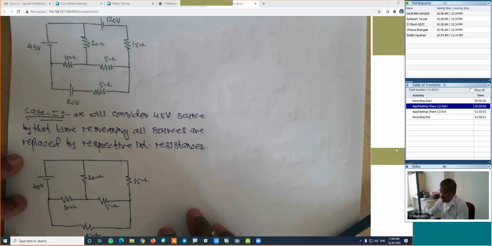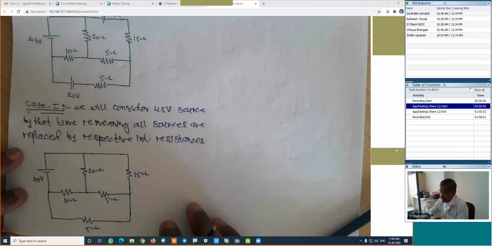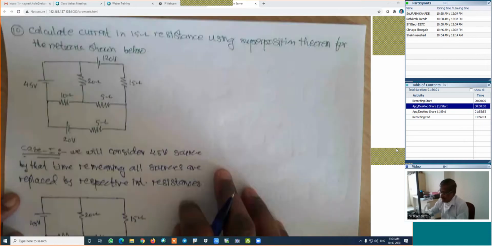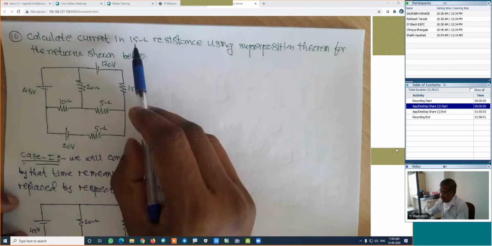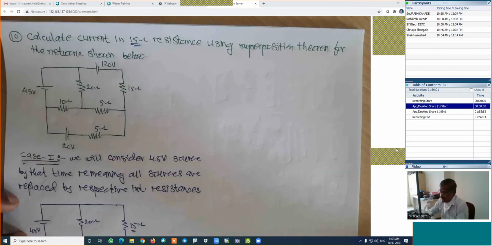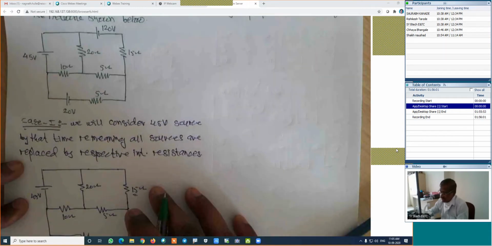Now in this method, what value are we interested in for case 1? Look at the problem. Calculate the current in the 15 ohm. Which means in case 1 we have to find the current in 15, in case 2 in 15, in case 3 in 15. What I will do here is assume 3 independent currents.